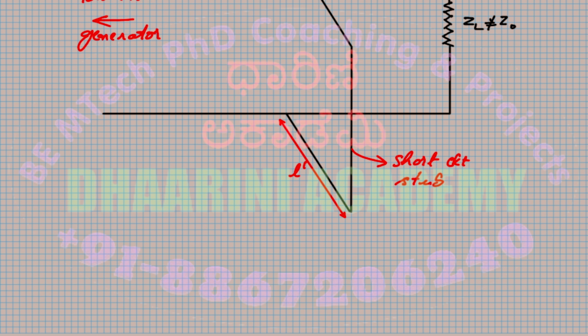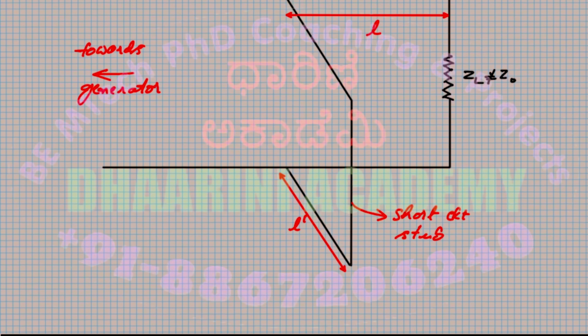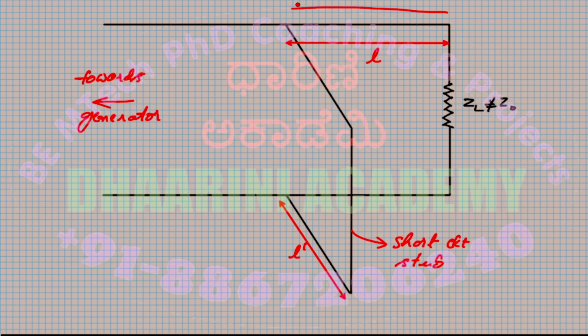Now, let us assume that we want to move from the load end a distance equal to L. Whenever we move by a distance of L, when you look into the transmission line there, you will find some impedance, possibly R1 plus jX1, something like that.